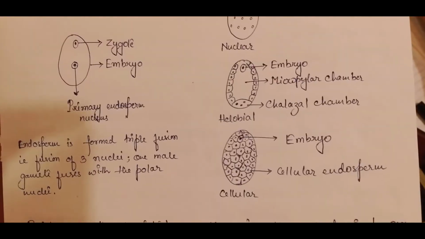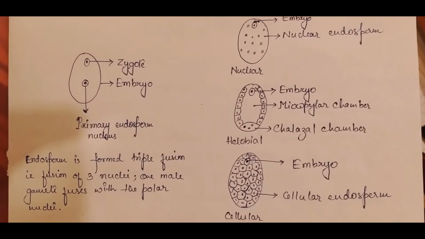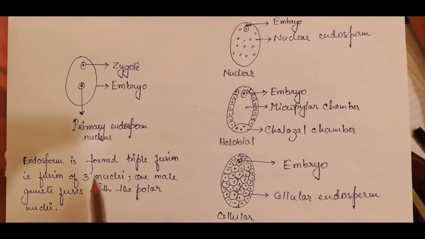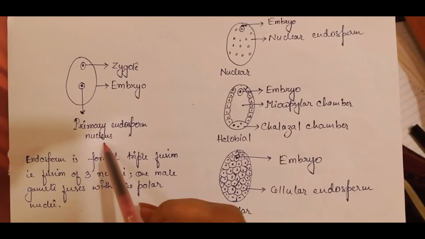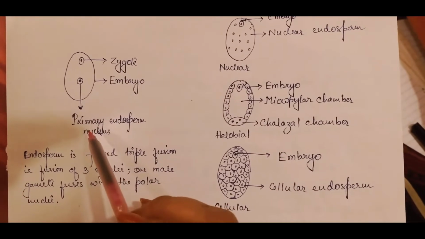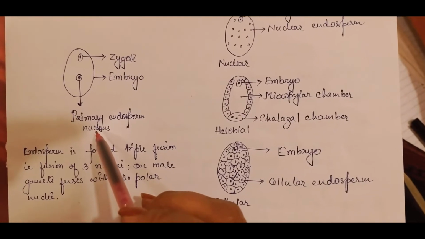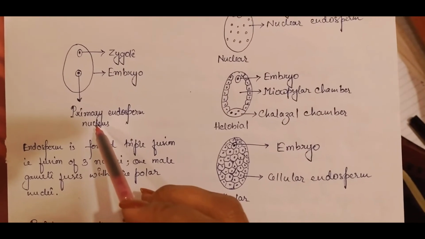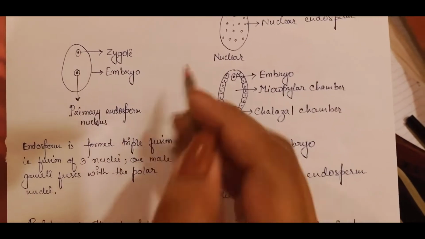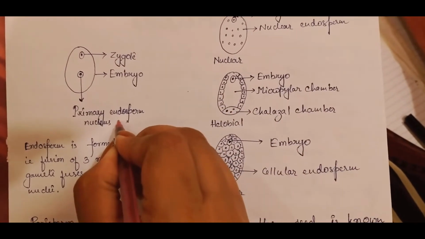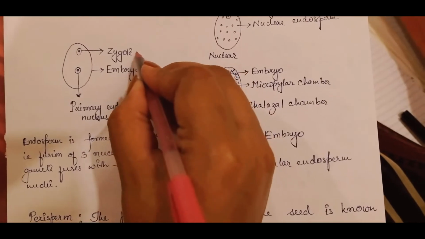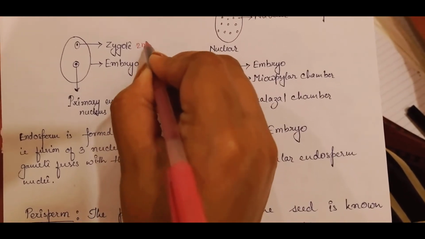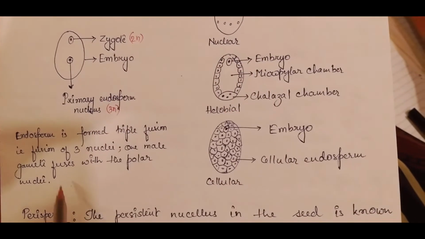Fine. See, if you look into the diagram, you'll have a better picture in your head. See, this is your embryo. Fine. This is the primary endosperm nucleus and this is your zygote. You know, this is 3N and this is 2n. These things you know.